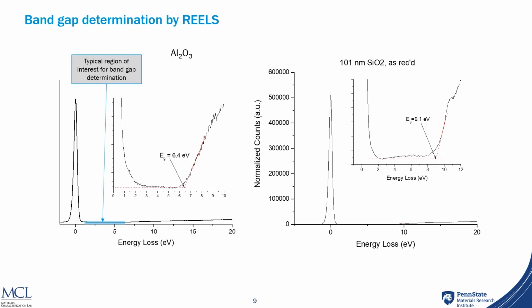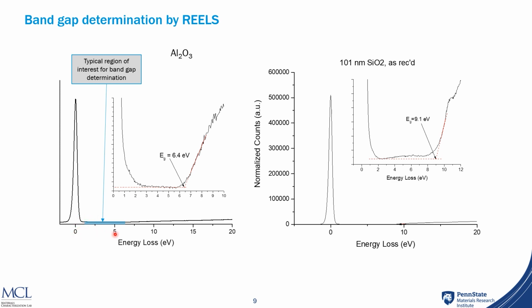So if we look at a wide band gap material like aluminum oxide here on the left, first of all, the spectra are shown shifted to energy loss. In this case, we've used a 1 kilovolt beam to generate this. And we see a very, very large amount of electrons come back with nominally the exact same energy that they went in with. This is called our 0 loss, or our elastic peak. So this would have been our 1,000 volt electrons that came in and came out at 1,000 volts.